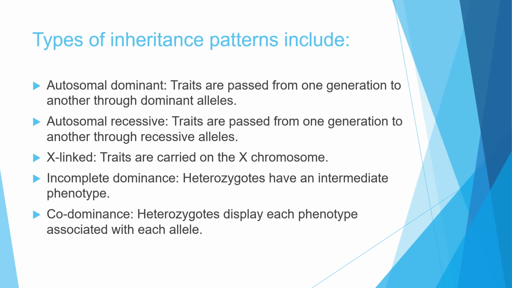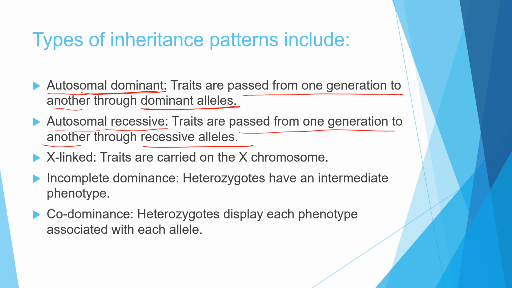Now, what are the types of inheritance patterns? First of all, we have autosomal dominant traits. I'll discuss what is autosomal dominant and autosomal recessive. In autosomal dominant, traits are passed on from one generation to another through dominant alleles. And autosomal recessive, traits are passed on from one generation to another through recessive alleles.